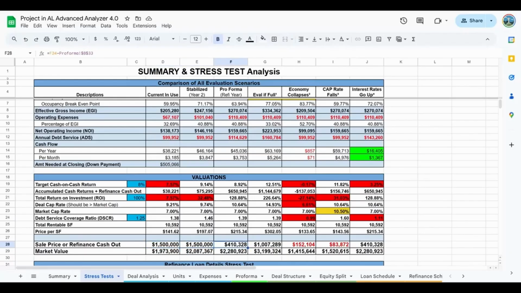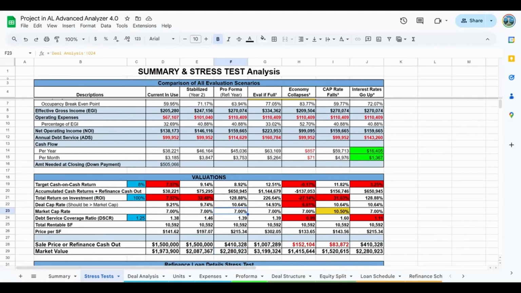The last 5 columns, that is the cash out value that you'll receive when you refinance. And then the market value shows you what the market value is under the current market cap rate.